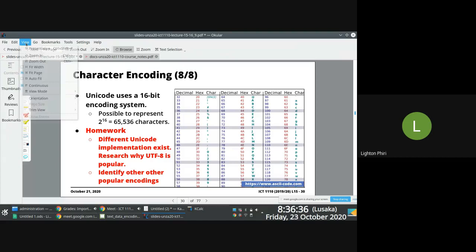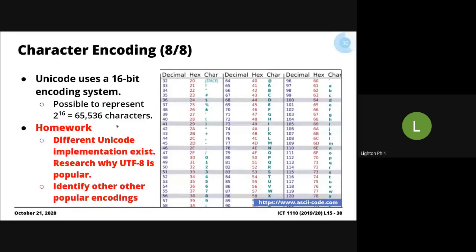Is this making sense? You want to think about this from the perspective of representation of characters. And here's the thing, if you look at UTF-16, for instance, what you immediately realize is if we work with our formula, 2 to the power n, that if we use UTF-16, we'll be able to represent 65,536 characters.